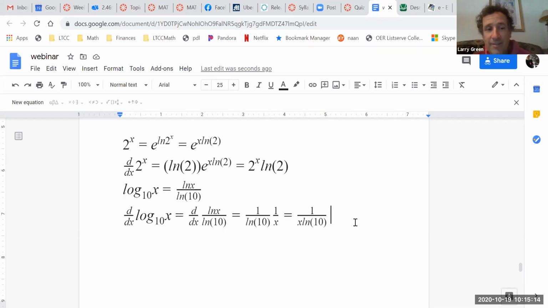Had it been 4 instead of 10, would this work? And the answer is yeah. I didn't really use any facts about the number 10, so this will work for any base. In other words, you never need other bases because you can always convert it to ln. And ln is the best base in calculus by far, because look at the derivative. Derivative of ln of x is 1 over x, whereas if you have a different base, it gets messy. So it's 10:15. I'd like to stop here.